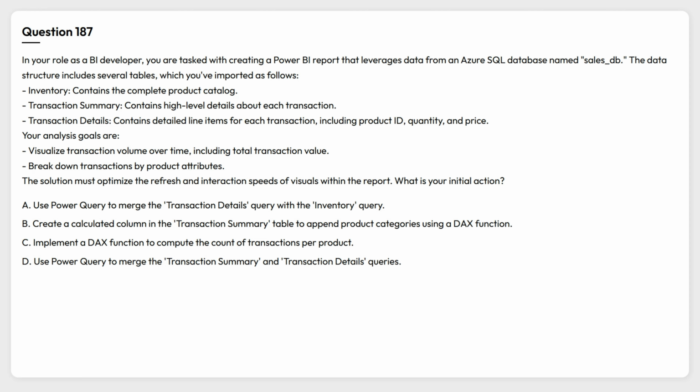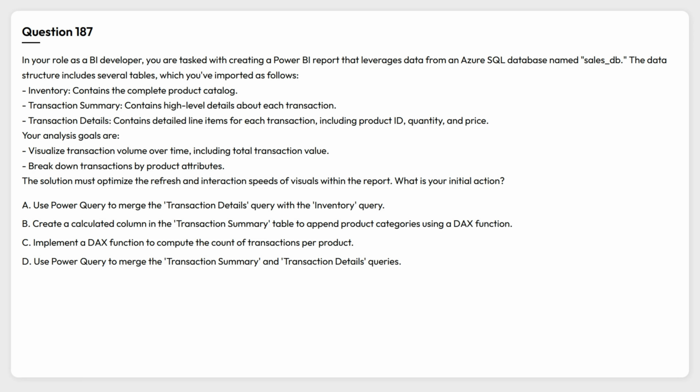Your analysis goals are: visualize transaction volume over time, including total transaction value, and break down transactions by product attributes. The solution must optimize the refresh and interaction speeds of visuals within the report. What is your initial action?